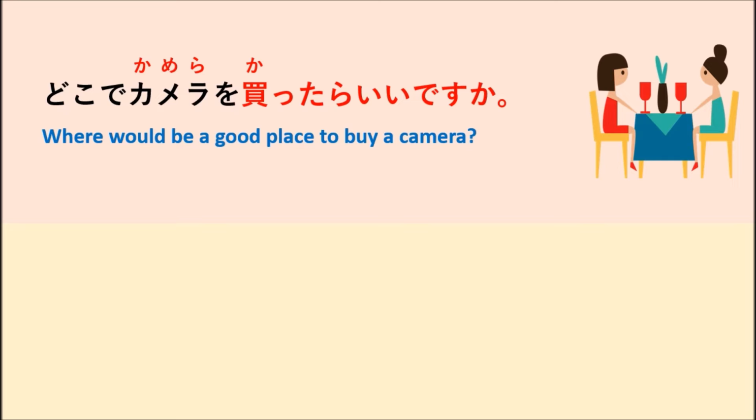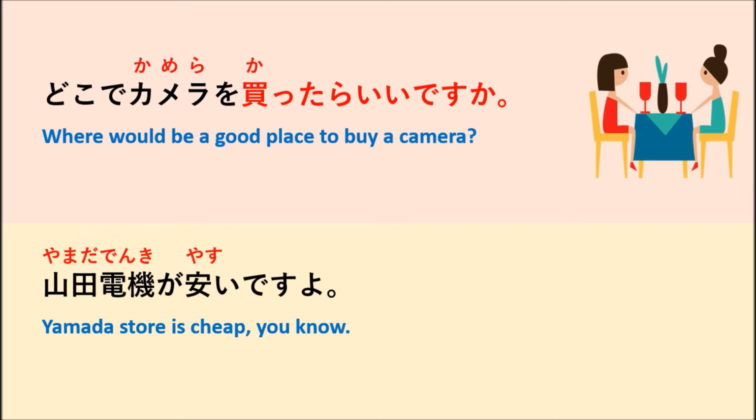For a sentence like this, we can answer in many ways. Here we just answer like this: Yamada denki ga yasui desu yo. It means Yamada store is cheap, you know?